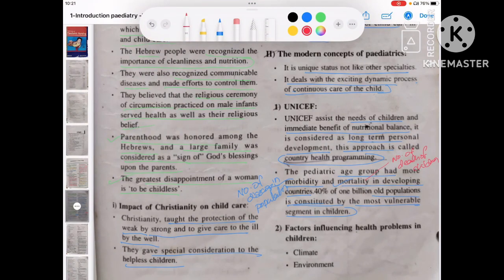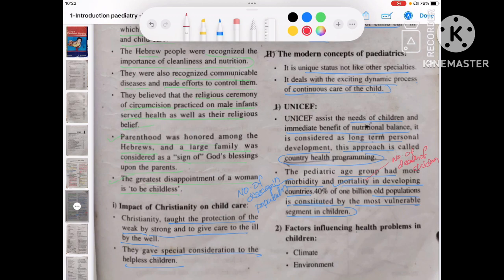So the pediatric age group has more morbidity and mortality in developing countries, and the disease and death rate will be increased. There are more chances of children getting diseases or dying, so UNICEF gives special care to those children.